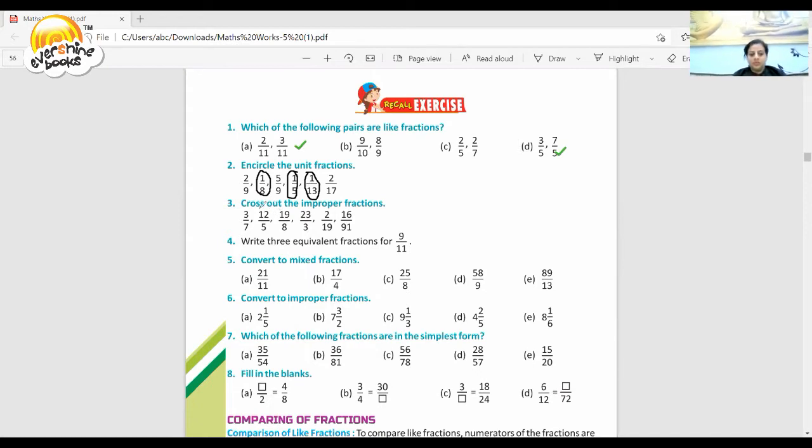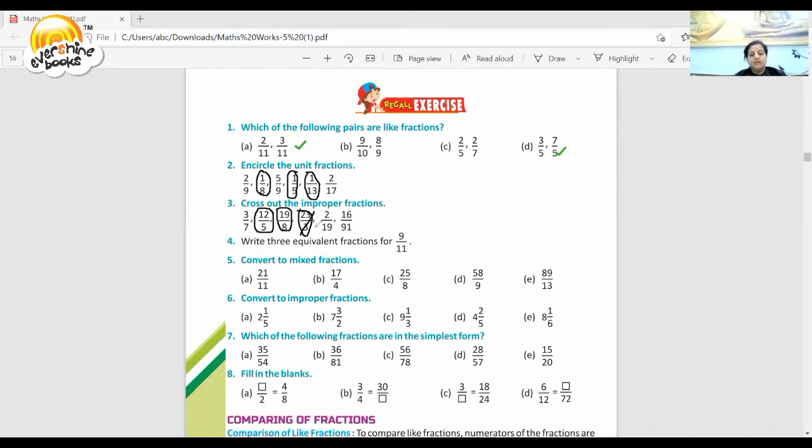So this is an improper fraction, this is an improper fraction, this is an improper fraction. Now cross it. And nothing is left because 16 is smaller than 91.